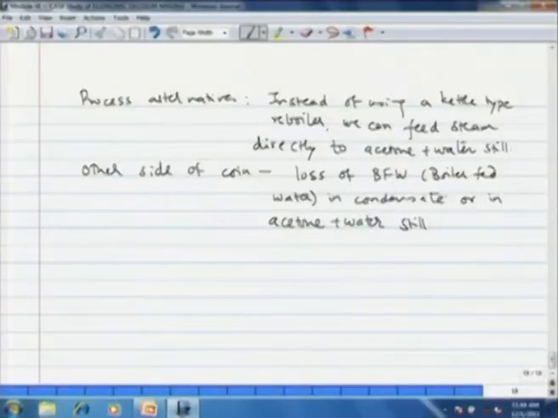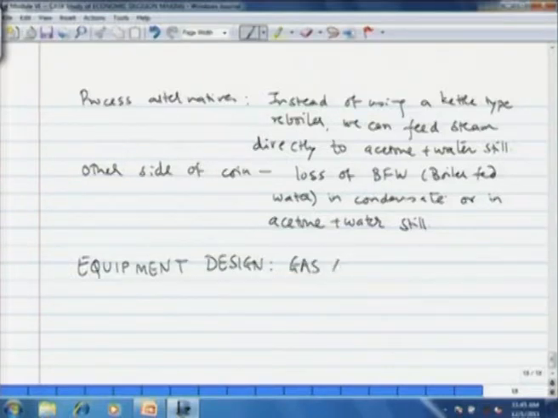Now, the next stage of design is the actual design of the gas absorber. But before we do that, let us see some other process alternatives.